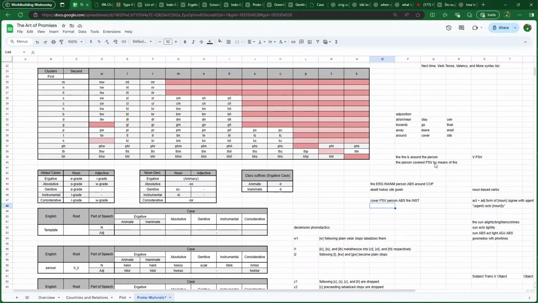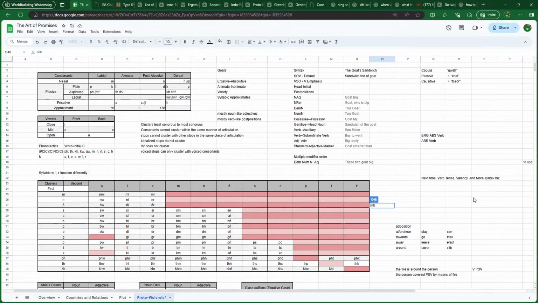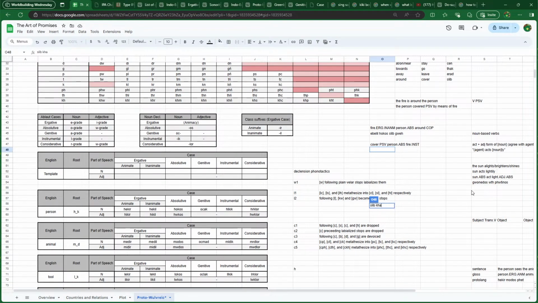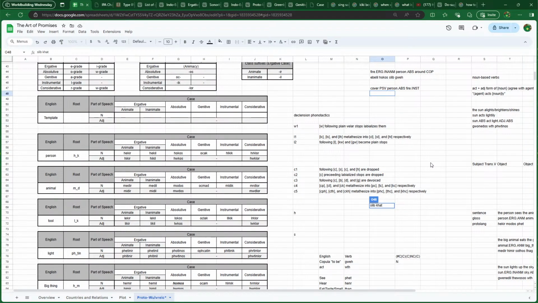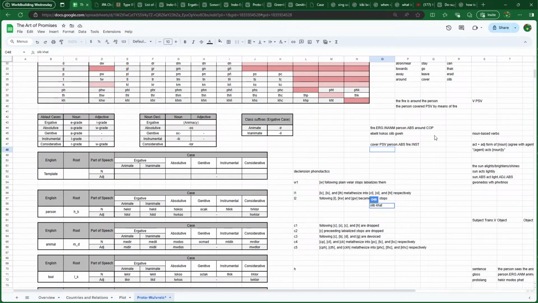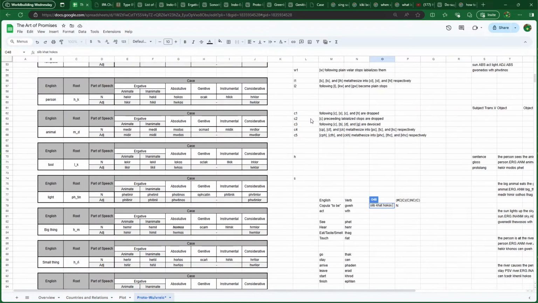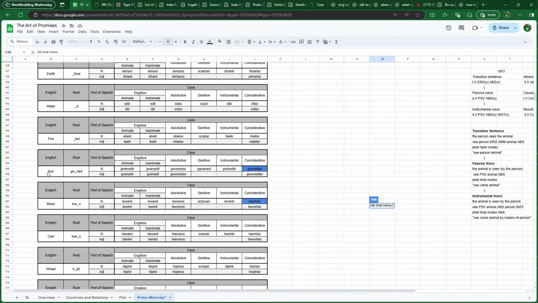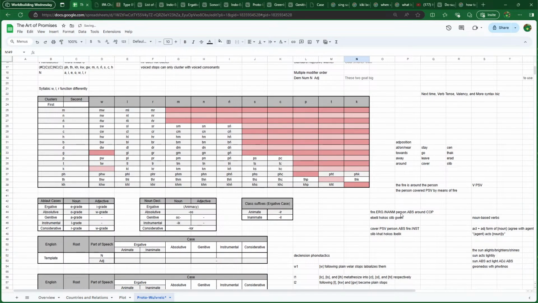So, this is cut. I keep aspirating the final T. Person absolutive, that's hokos. Fire instrumental. Lebelik. So, okay.